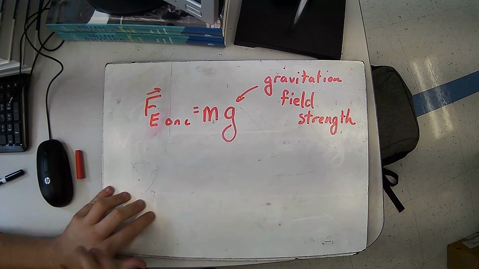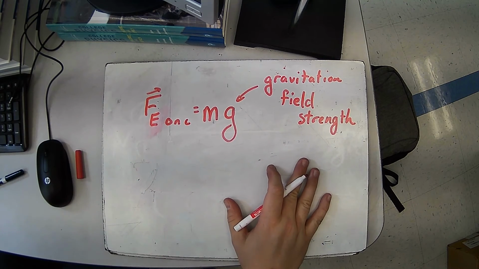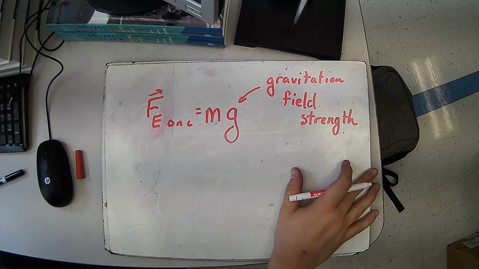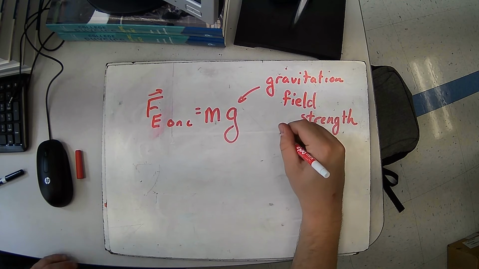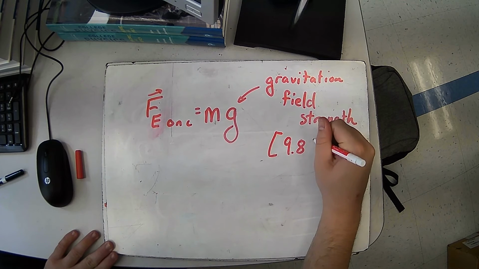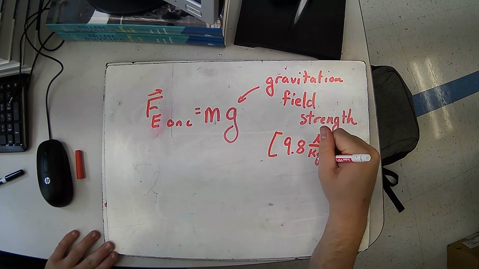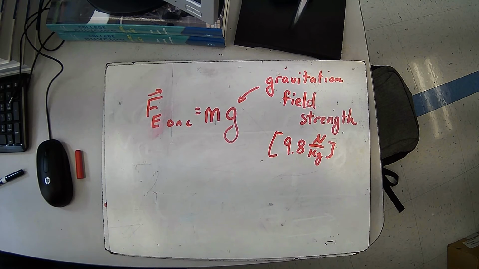It's not just gravity. Anytime you say gravity is 9.8, that sounds to me like you're saying the electricity is 7, right? That doesn't make any sense. The gravitational field strength has a value on Earth of 9.8 newtons per kilogram. That's what I want you to say each time.